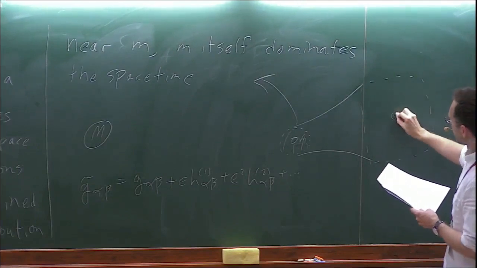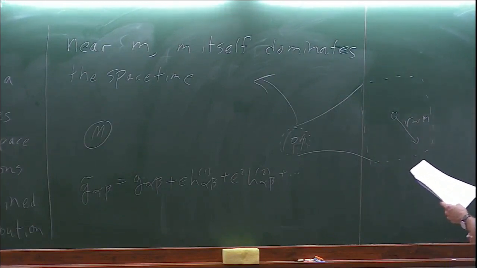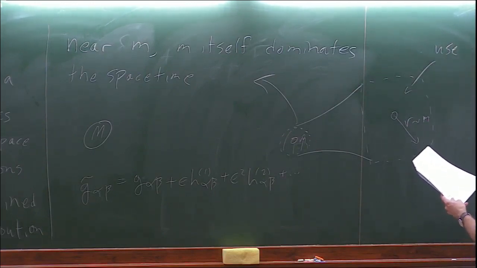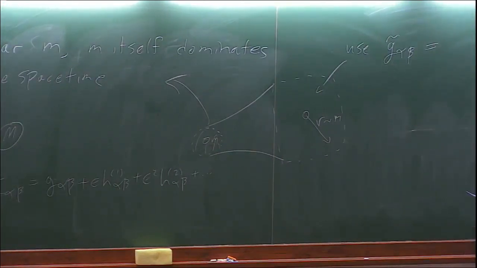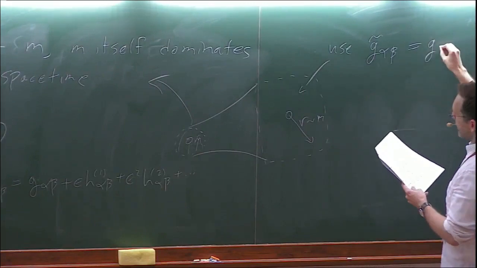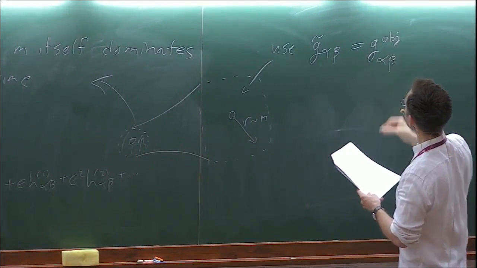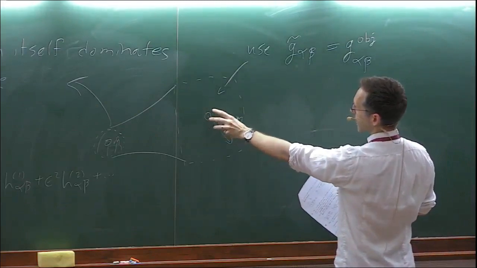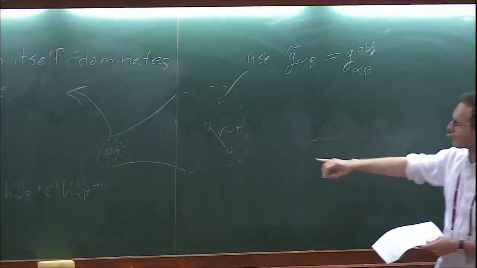So on a scale of distance r of order the small mass, in this region, we introduce a different expansion of the same metric, but now it's expanding around the metric of the small object itself as if it were isolated. So if it's a small non-spinning black hole, for example, this will just be the Schwarzschild metric with mass little m.